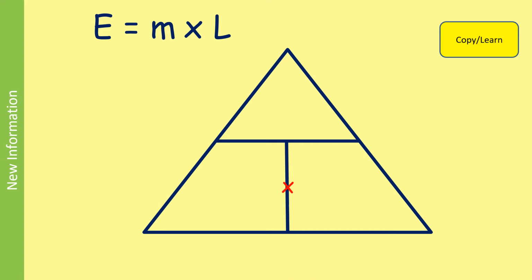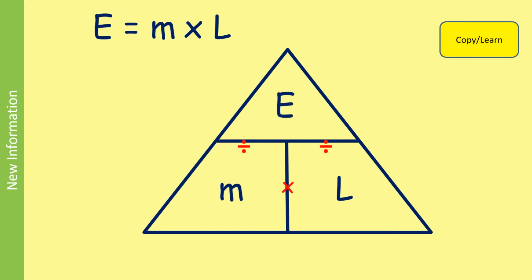You put a little multiplication sign here, which equates to that, and this line across represents the division sign. And then what you do is you put your formula into the triangle. So here we've got m times L, so here we're going to put in m times L. That leaves a space at the top for the E.